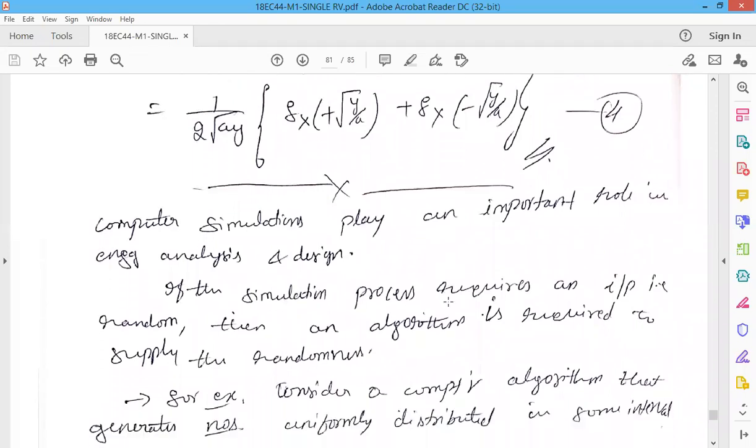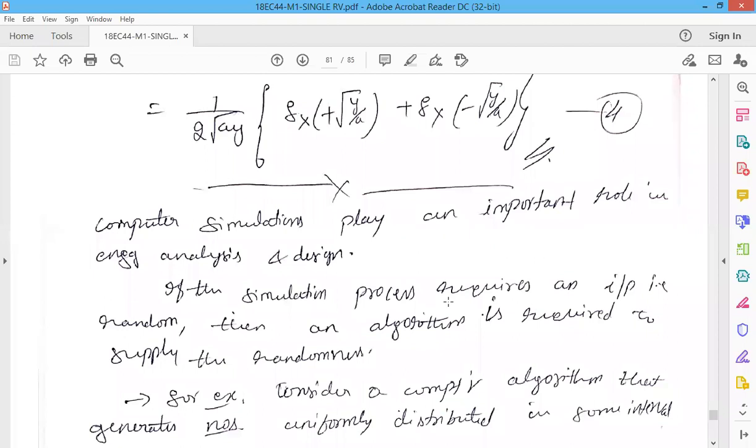Other than that, we'll also have some computer simulations. Computer simulations will be used in order to analyze many engineering problems and also engineering designs. The main concept in the computer simulation is that we should be able to identify the algorithms which will produce the reverse process whatever we have seen manually.